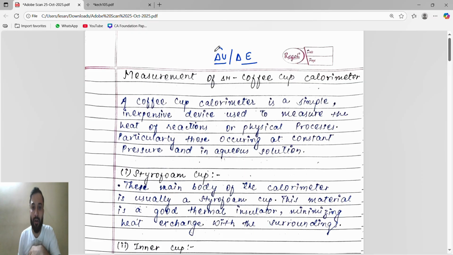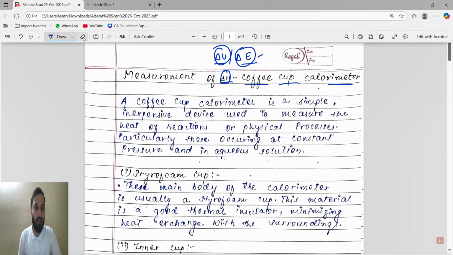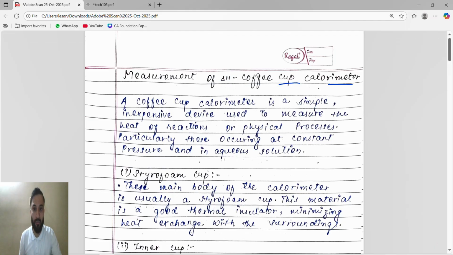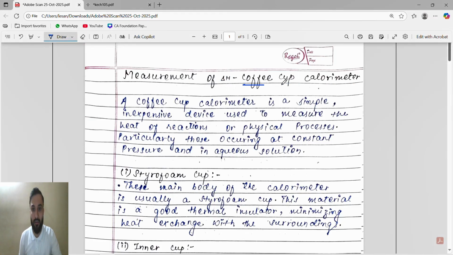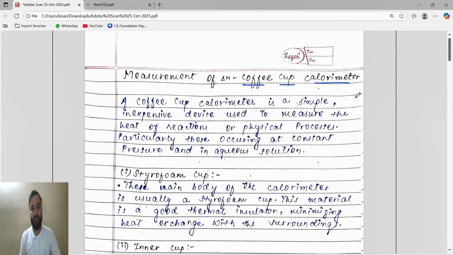So measurement of delta U or delta E, or change in internal energy, is done by a bomb calorimeter. Then measurement of delta H, or change in enthalpy, is done by the coffee cup calorimeter. The name is very important. So guys, this is very easy and very important.